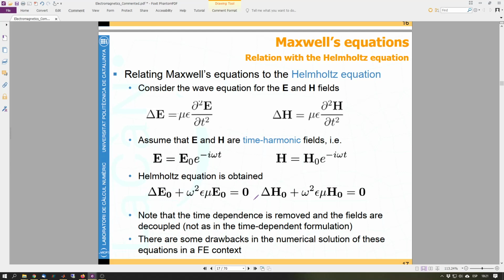It's simpler a priori, but there are also some difficulties when we try to work with a numerical solution of these equations, and that is that we may have some singularities depending on the domain. Depending on the shape that we have, it's not always easier to solve them.